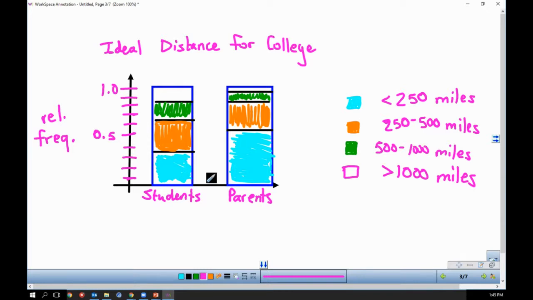Exactly. If you look at the parents, a bunch of your parents want the child closer to home. Students, not a little over halfway. Then it really shoots up again. Students, not quite as much. Then just a very few are okay with them being more than 1,000 miles away.